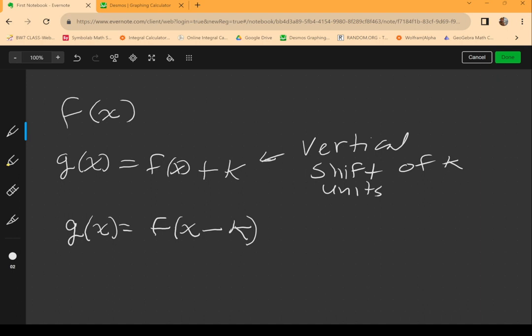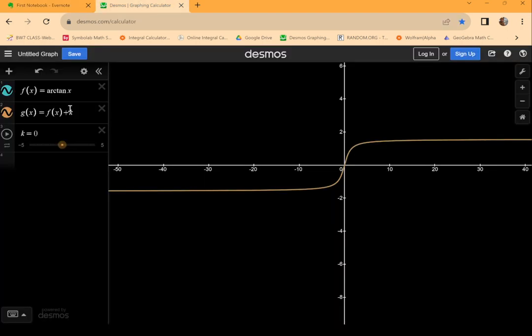Now let's take a look at our next type of shift, where I'll still have this value k, but going back here, let's say minus k inside. Now let's take a look again as I vary my value of k.